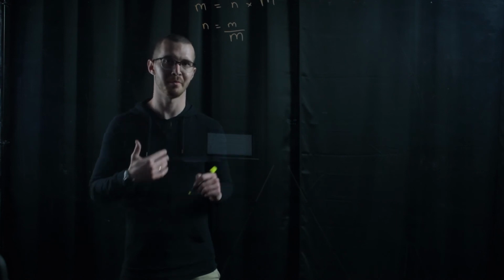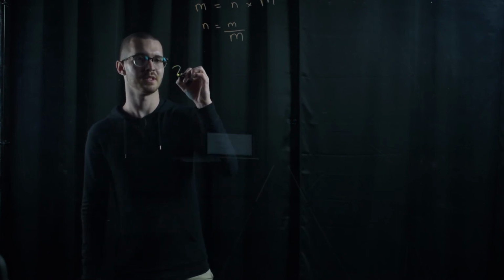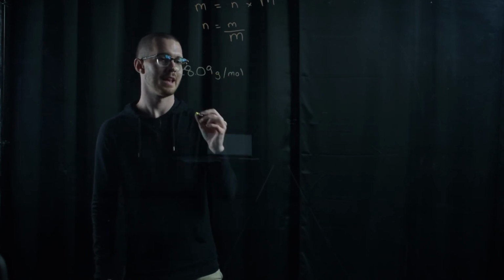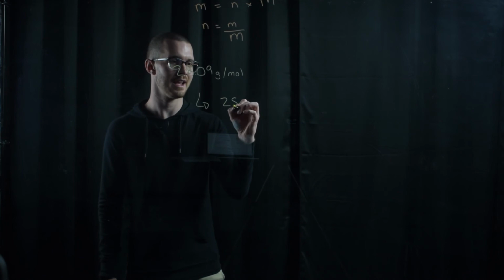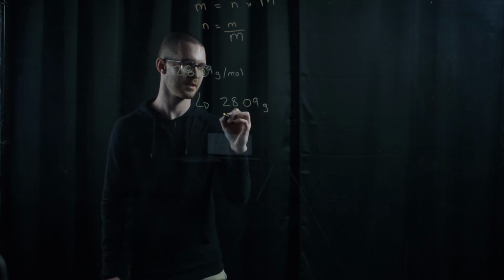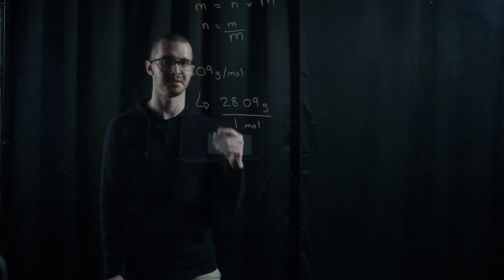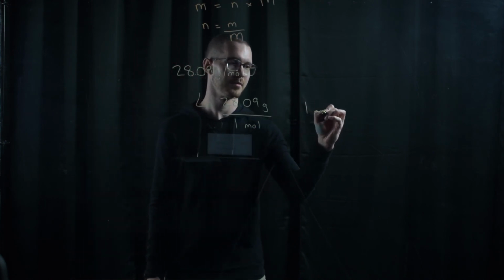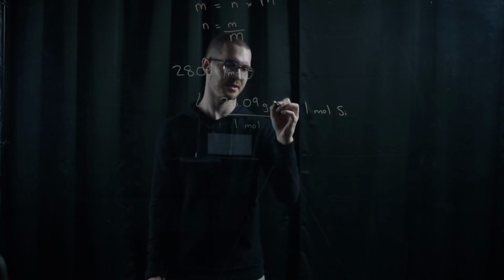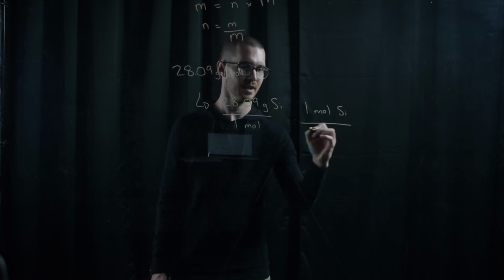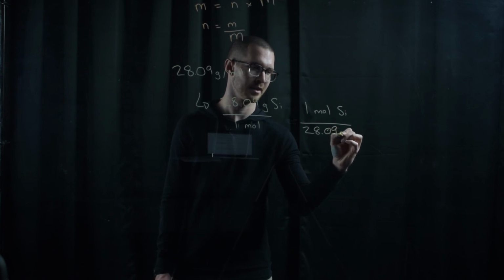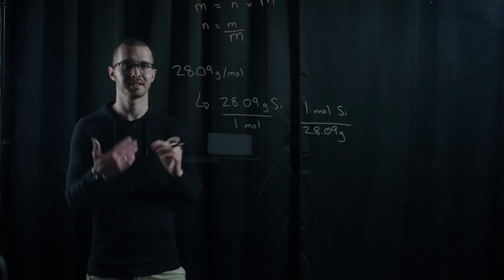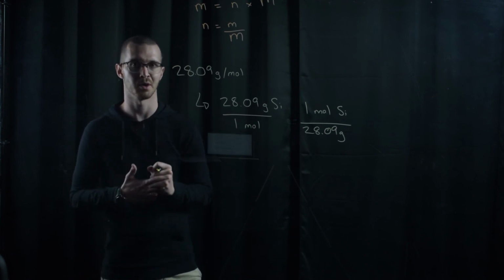The molar mass of silicon is 28.09 grams per mole. We can write that as either 28.09 grams over 1 mole, or as 1 mole of silicon is 28.09 grams. So we can use these ratios, like we did earlier, to cancel out the units that we don't want.